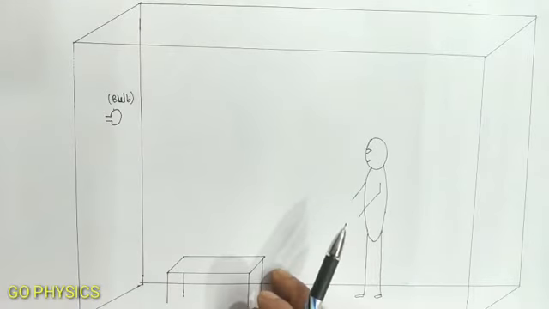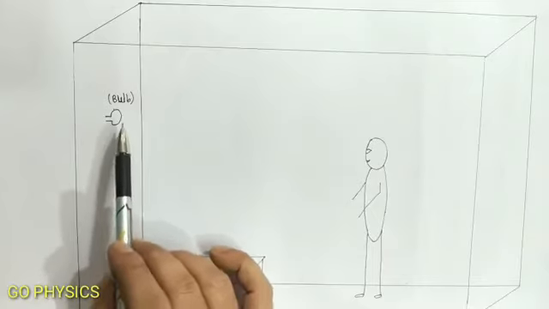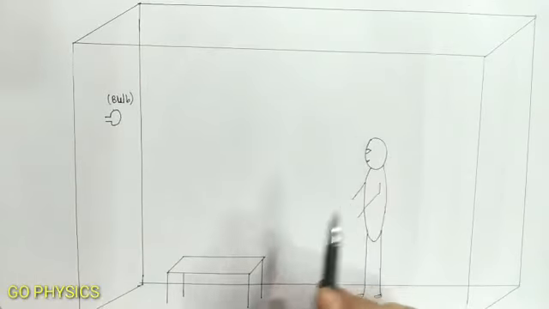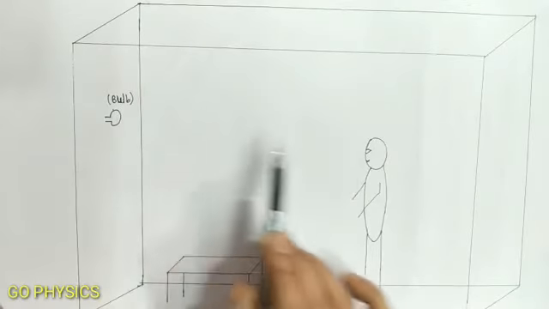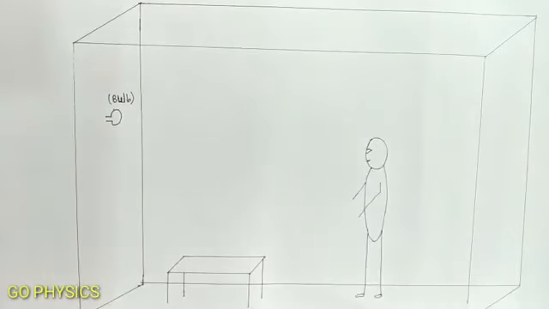How? As we learned, to see an object, light must come from that object and enter into our eyes. So from the bulb, light is coming and falling in the eye of the person.